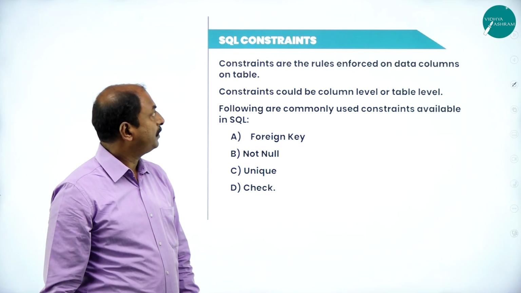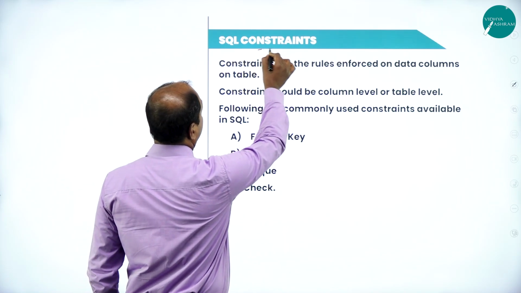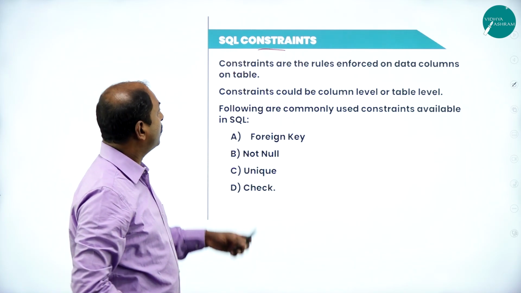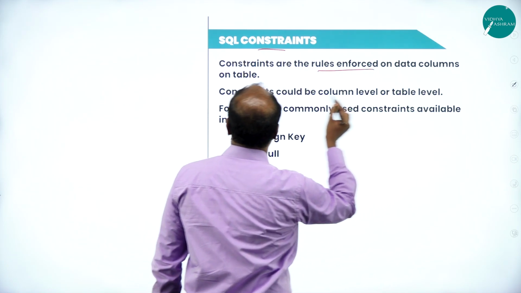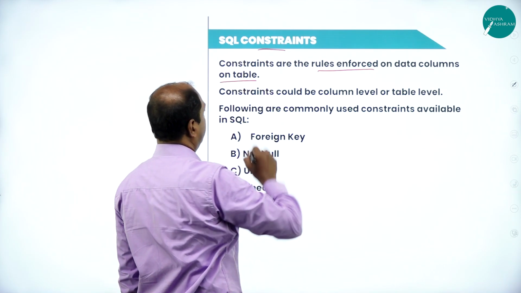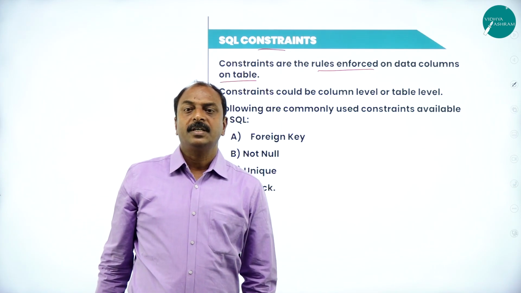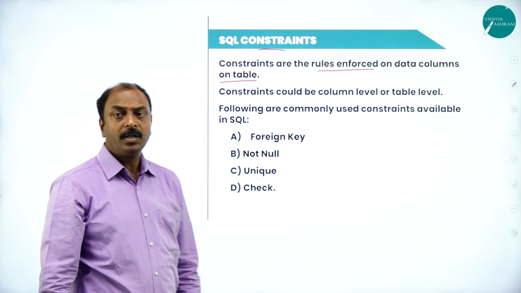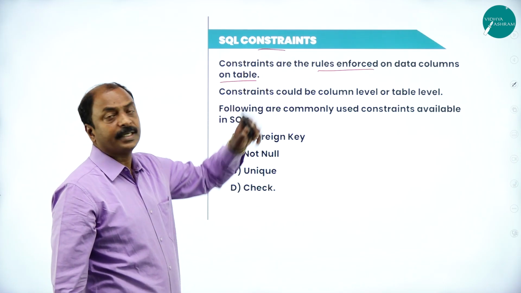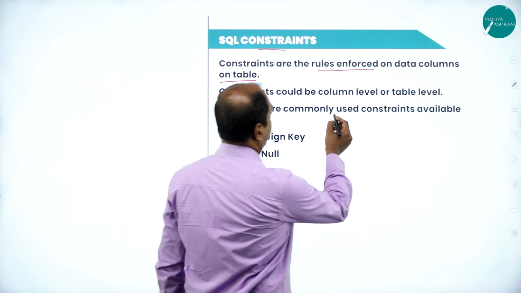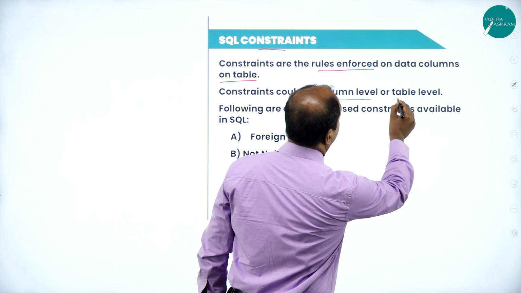Now the next concept is SQL constraints. So what are constraints? Constraints are the rules enforced on data columns of a table. Here we are going to set the rules for a particular column in a table, that is nothing but constraints. It could be column level or table level.